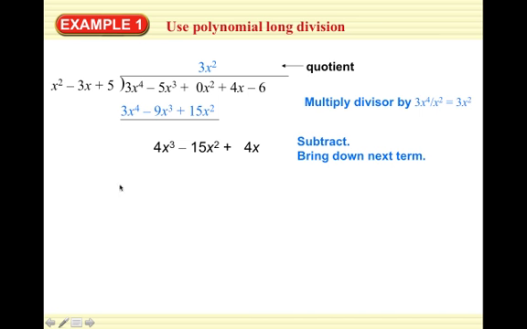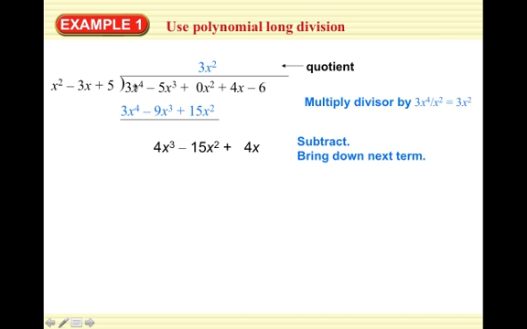That's our goal, to zero out this first term. Negative 5x cubed minus negative 9x cubed is going to be the same thing as adding 9x cubed. So negative 5 plus 9 is 4x cubed. 0x squared minus 15x squared gives us negative 15x squared. And then you bring down the next term, so plus 4x.